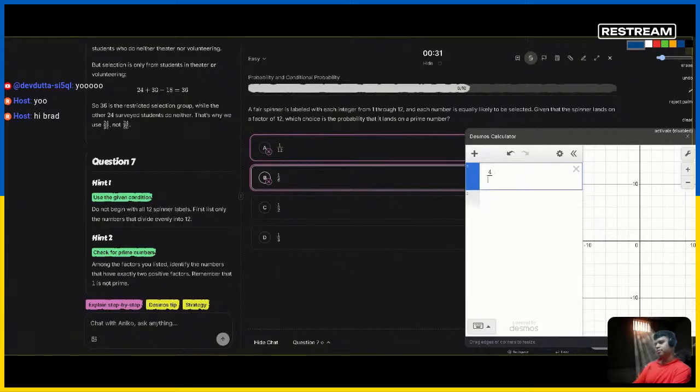Okay, 4 divides 12. 5 divided by 12. 6 divides 12. 7 divided by 12. 8, 9. So it's 1, right? 9 divided by 12. 10 divided. So is it legit just 12 divided by 12? Is it 1?